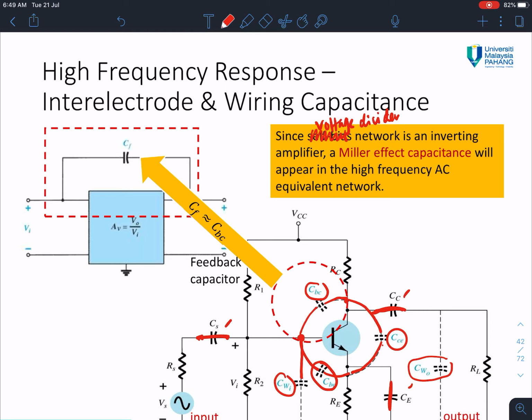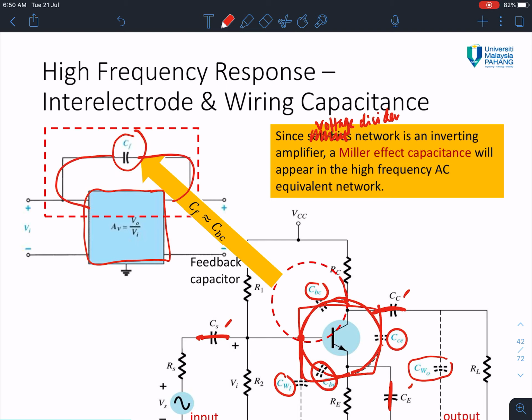This is an example of the inverting amplifier: we have our amplifier here, and then another capacitor connected from here to here.